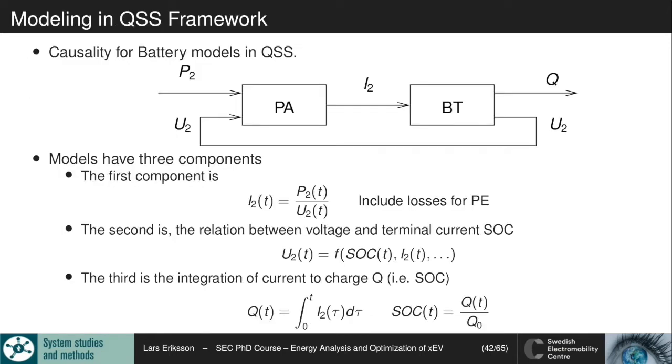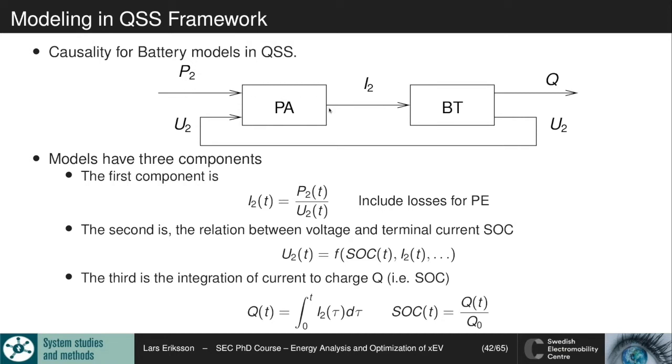When we're modeling batteries, we are in the QSS framework. We have the power requirement that is coming from the cycle and from the electric machine, and it might be a need for power output, or it might be regenerative power coming in.